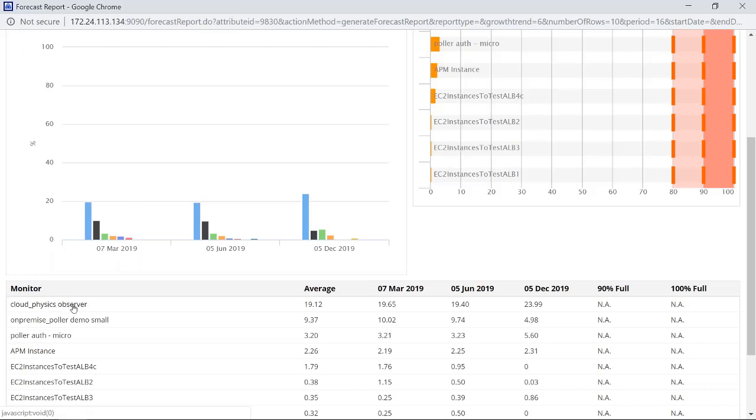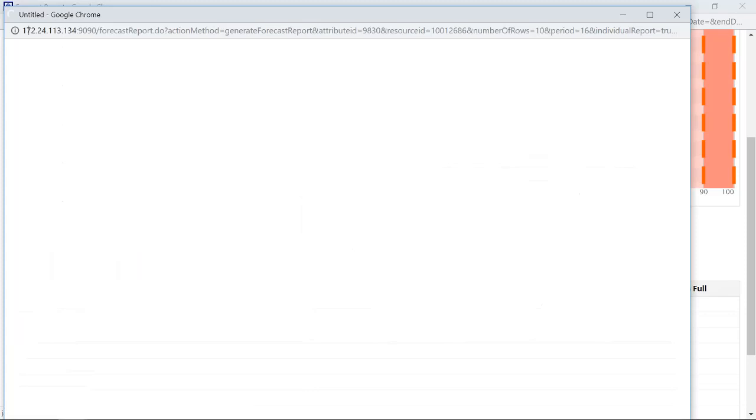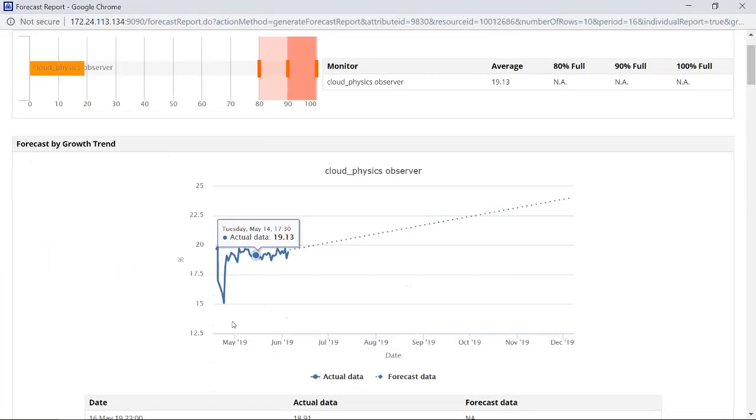Let me choose the first available monitor, and as we see, it has a sudden decrease in the utilization in the month of May, and then it has been gradually functioning across May as well as till the current dates. But the future forecast mentions that there is going to be a gradual or drastic increase in the utilization of a specific monitor.